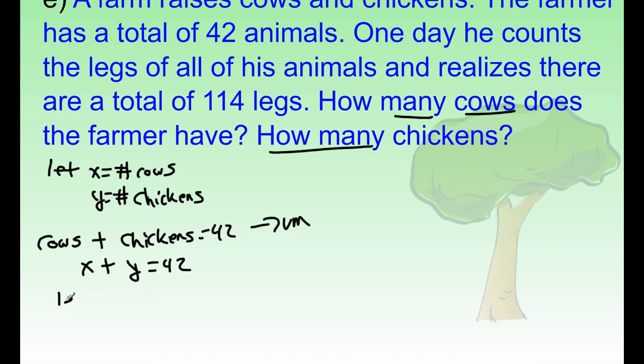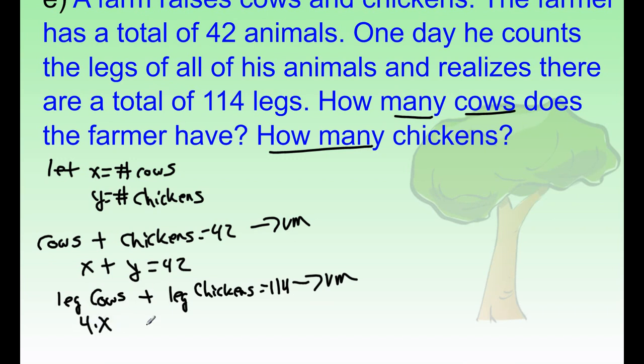Well, you can say the legs of the cows plus the legs of the chickens equals 114. Verbal model. So the legs of the cows, well, each cow has 4 legs, so you take the number of cows times 4. Each chicken has 2 legs, so you take the number of chickens times 2, and that would give you your 114.